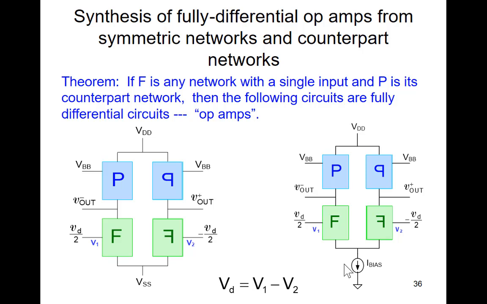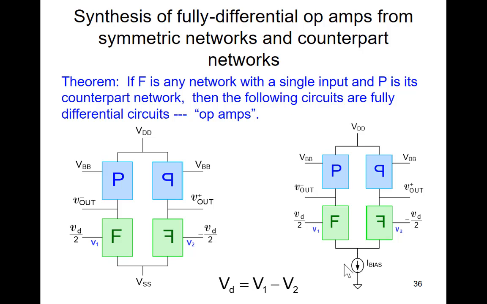And I define the output between the network and its counterpart network. I bias it with VDD and VSS. I put an input on the original network, on the left side and the right side. And I get a differential op-amp.